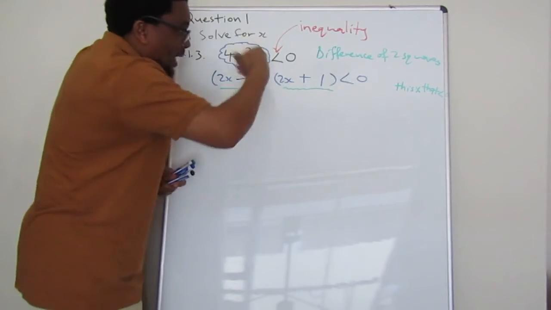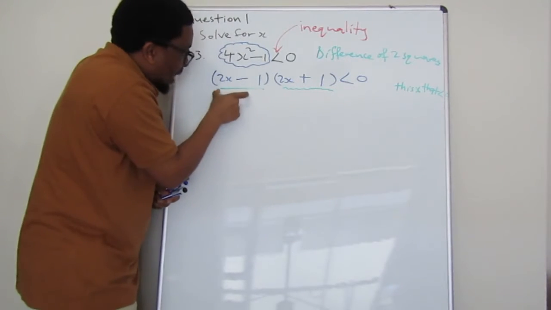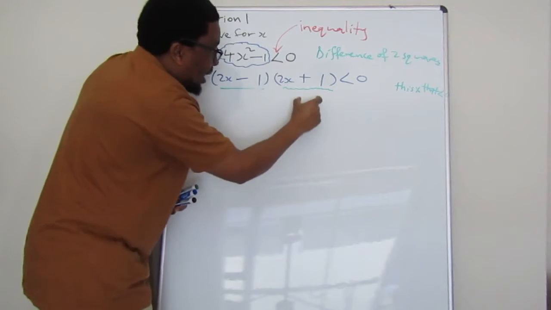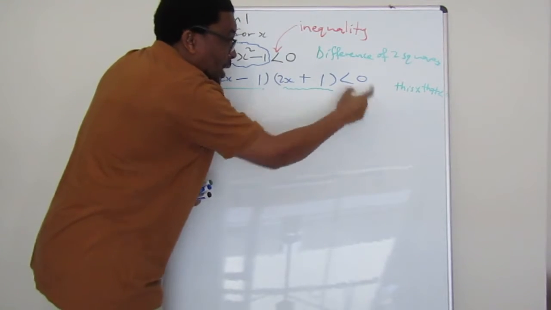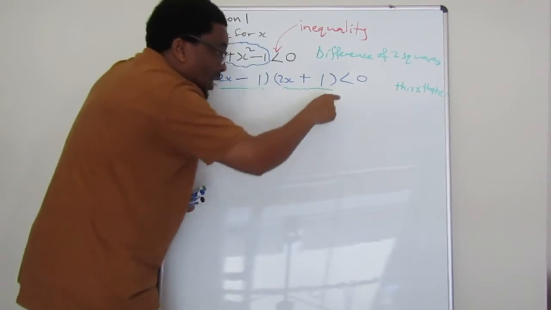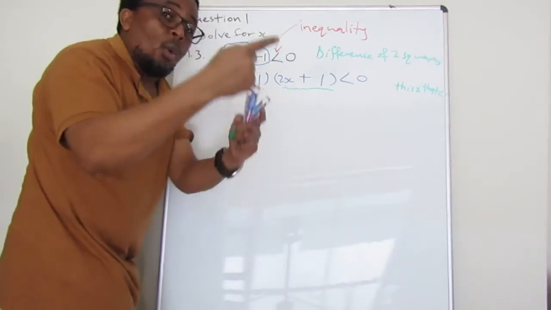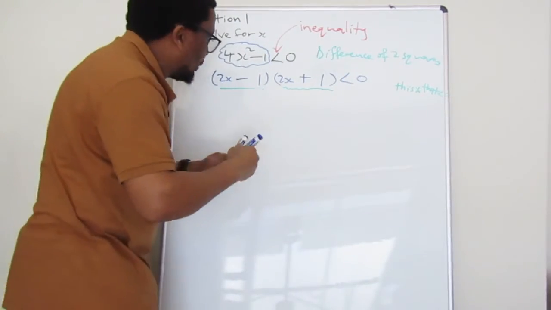Normally when I have an equal sign, I will say this bracket is equal to 0 or that bracket is equal to 0. But now it's an inequality, so I'm not going to do that. This is what I'm going to do.